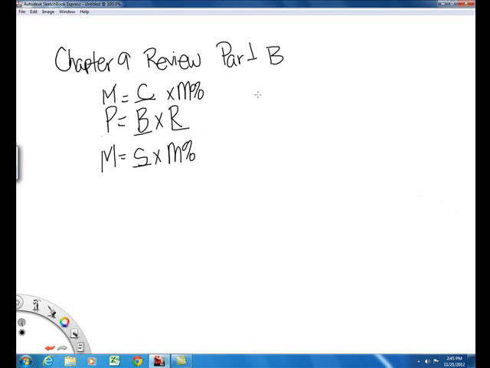And so all the same things that we learned in Chapter 3 about percent equals base times rate will still apply in Chapter 9. And some of those things I'll just do a quick reminder are that we don't need all those three different formulas. We just need one, and then we can solve for whichever part is missing.